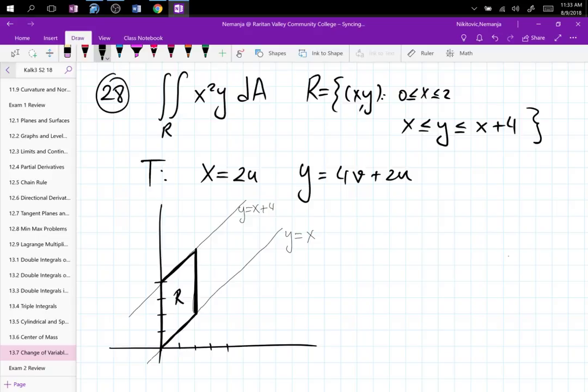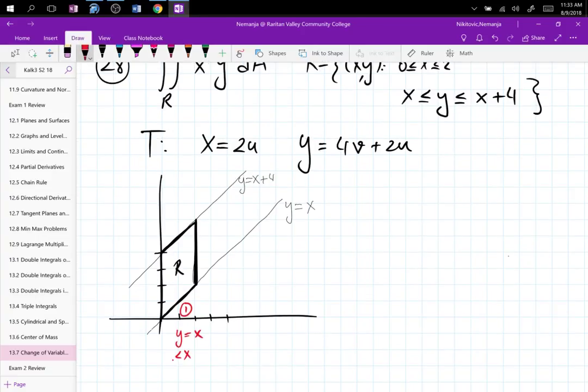Again, I have 4 sides, therefore 4 equations, then 4 line segments to transform. Number 1, red. For the red one, I have the equation y equals x, and x is stuck between 0 and 2. Number 2 is going to be blue, and I have that x is equal to 2, and y is stuck between 2 and 6.